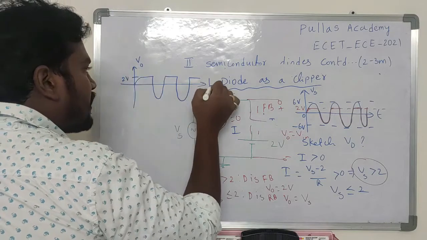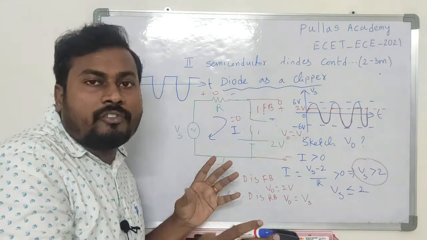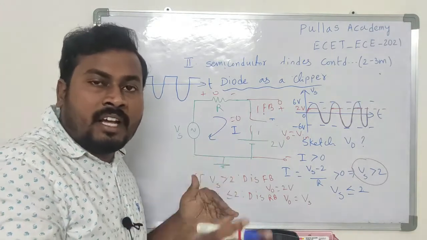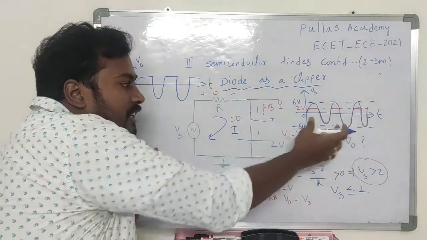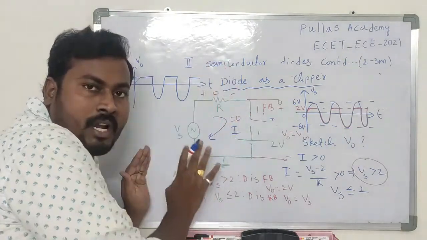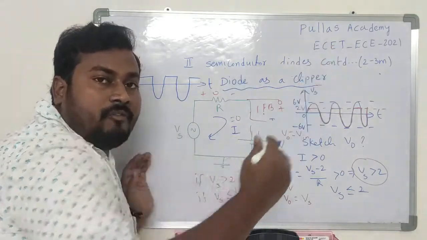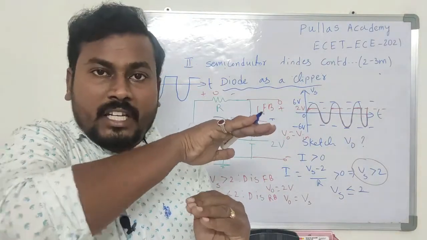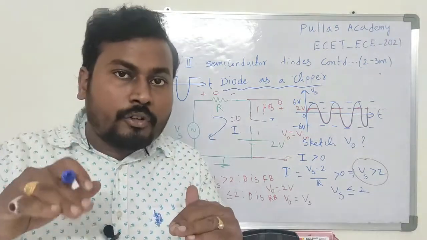So what is the justification of the definition of clipping circuits? The definition of clipping circuits is justified here. A portion of the input waveform is being cut by the circuit. And what is that portion? Above 2 volts. If Vs is more than 2, it is clipped off to 2 volts.